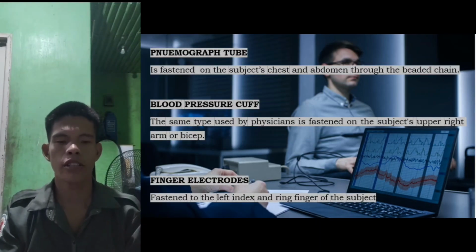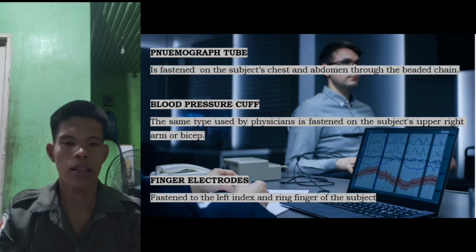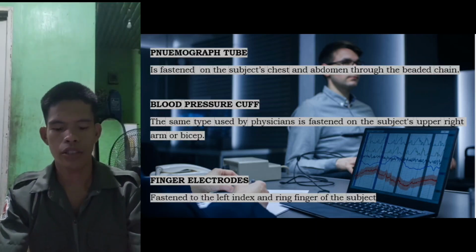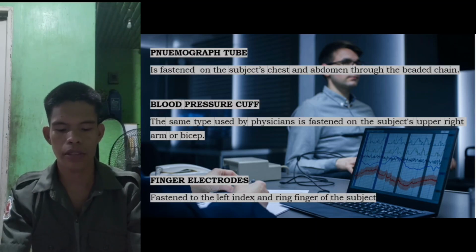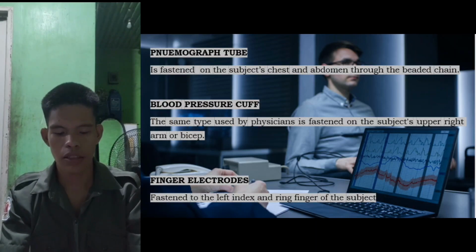First, pneumograph tube is fastened on the subject's chest and abdomen through the beaded chain. Blood pressure cuff, the same type used by physicians, is fastened on the subject's upper right arm or biceps. Finger electrodes, fastened to the left index and ring fingers of the subject.